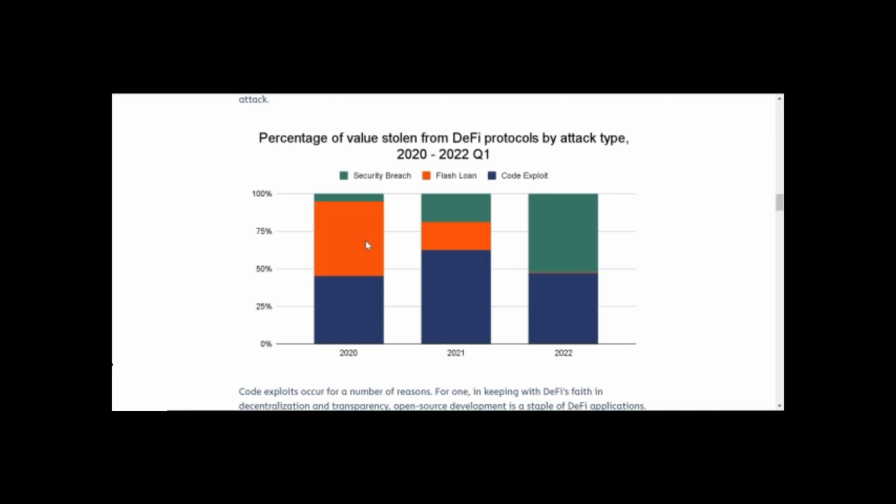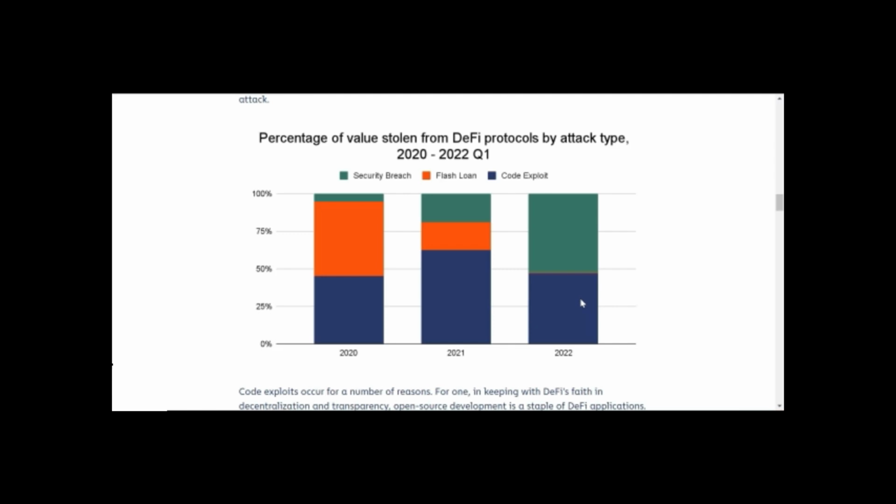We also have the code exploit, as you can see here. We can see that the code exploit is much more represented from 2020 to 2022. And what does it mean? Code exploit means that these DeFi platforms, running on or powered by smart contracts, had some vulnerabilities in their smart contracts. Because DeFi is based on smart contracts.